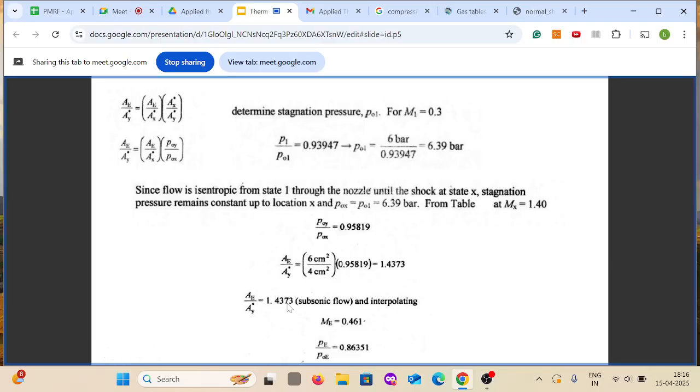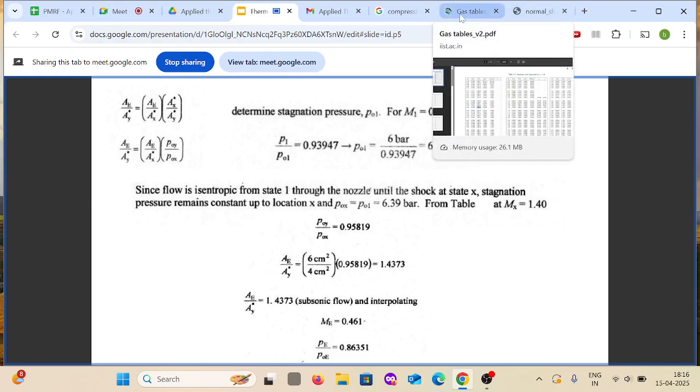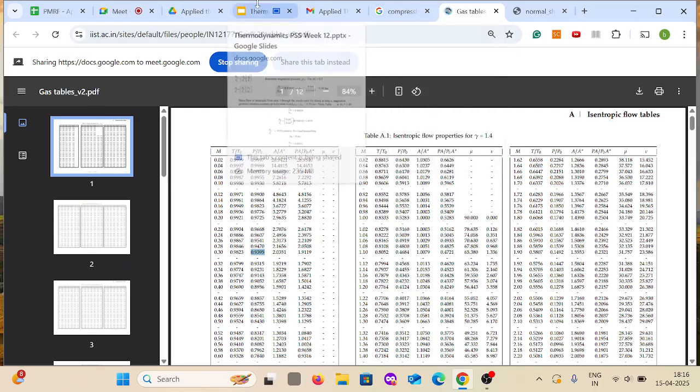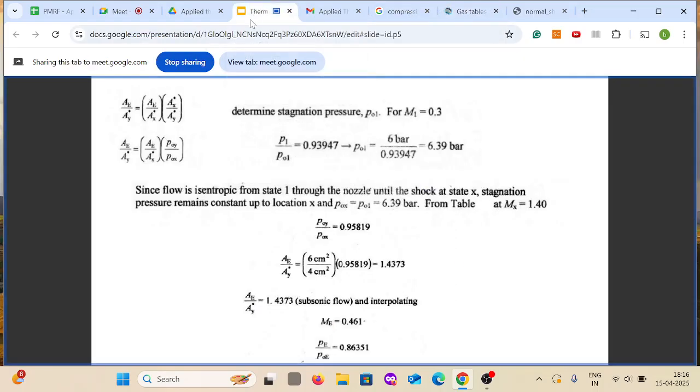This is 1.4373, and since somewhere around 0.45461.